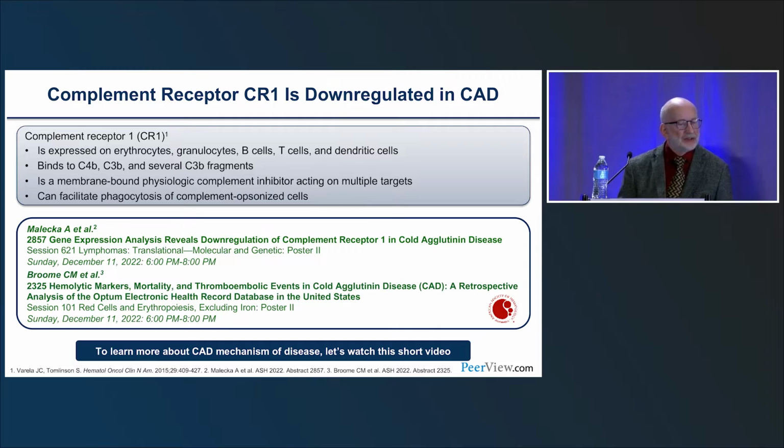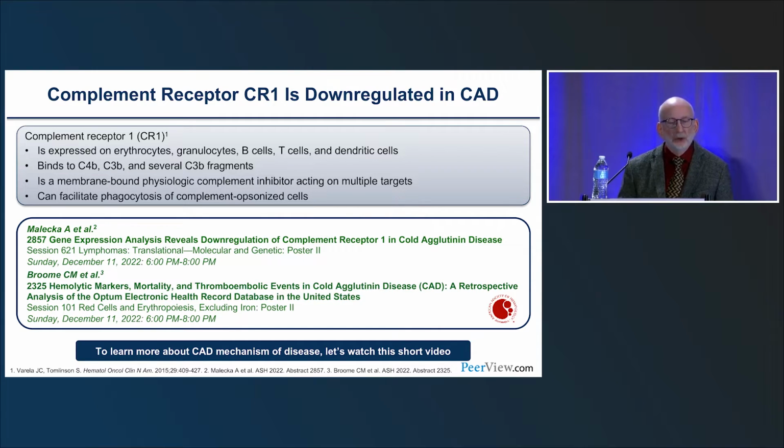This finding will be presented by my very good colleague Agnieszka Małecka from Norway at this ASH, at the poster session, and I think it is on Sunday.